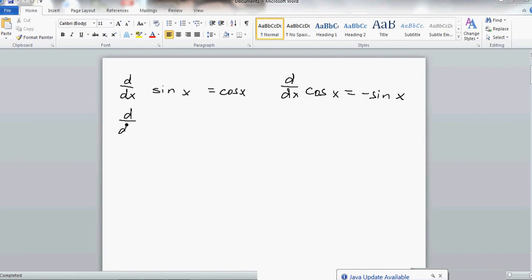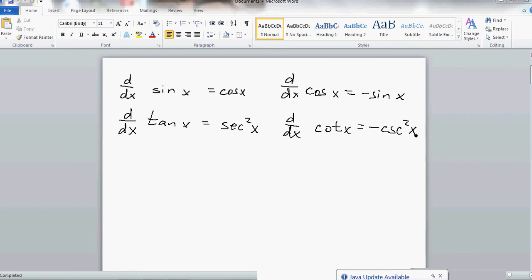The derivative of tangent of x is equal to secant squared of x. The derivative of cotangent of x is negative cosecant squared of x.